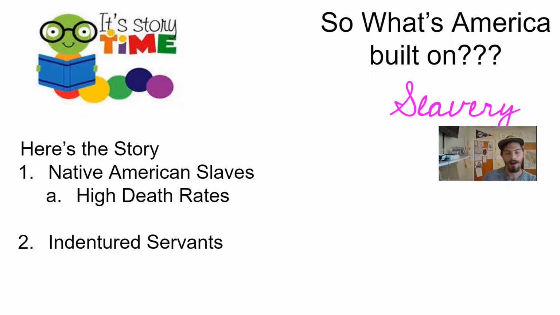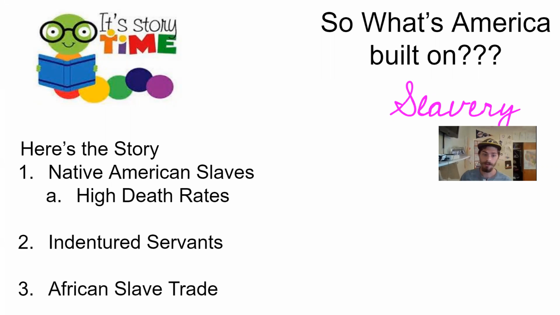So basically what would happen is someone would pay for that poor person's ship to the United States. And in response, that poor person would work 7 years in the United States to pay off that boat trip, and then they'd be free. So it's like a temporary white slave, you can think. That's how I described it last year. Indentured servants as like temporary white slaves.